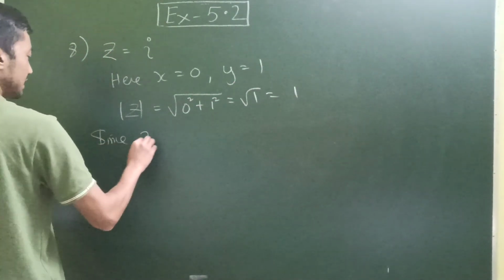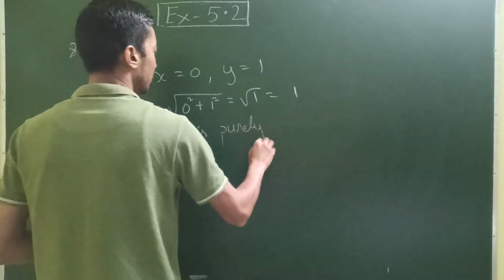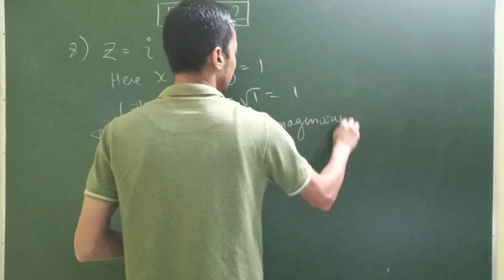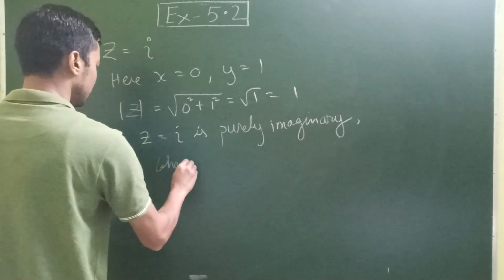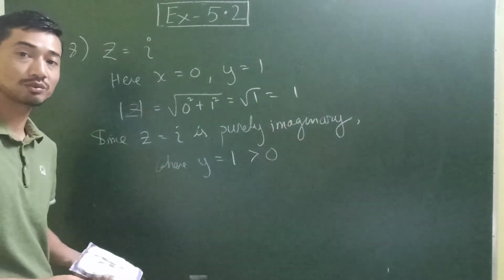Since z is equal to i is purely imaginary, where y is equal to 1, which is greater than 0.